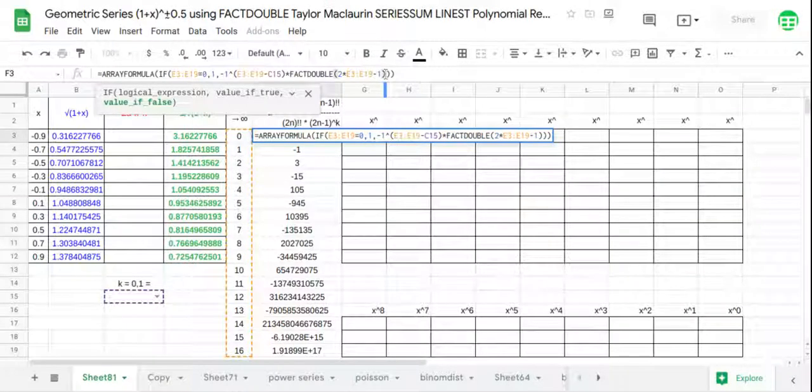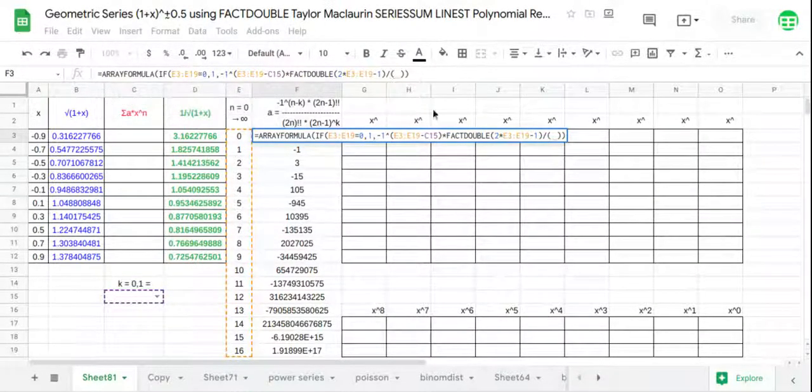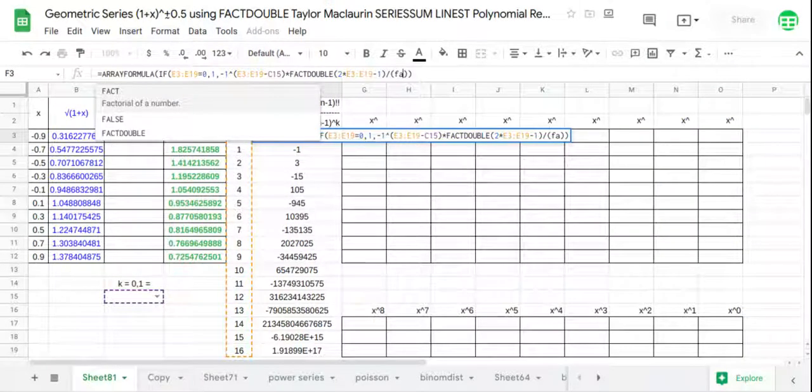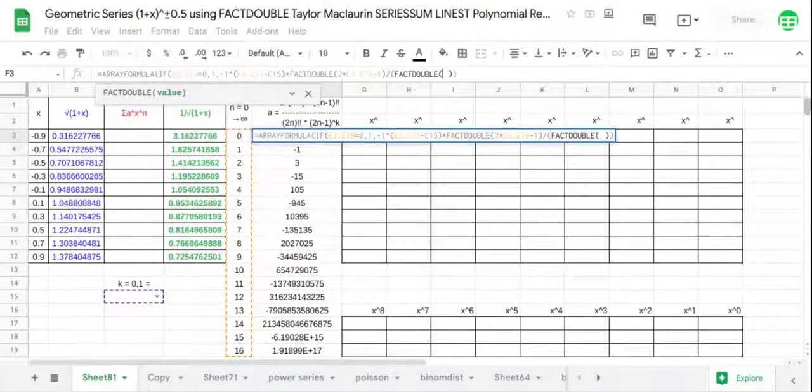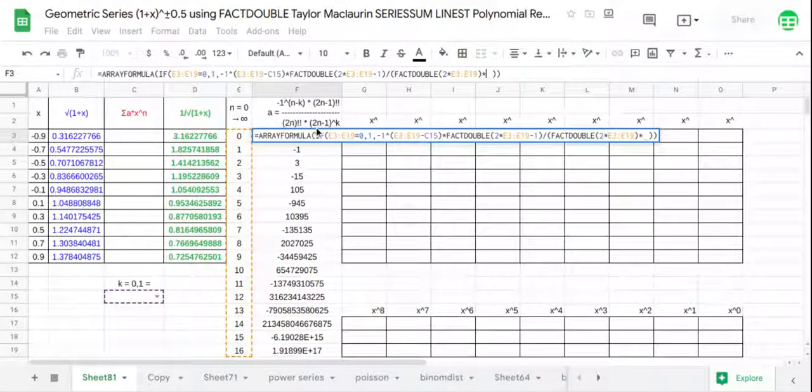So the denominator now has two parts. The first part of the denominator, double factorial 2n, 2 times n. That's the first part. Now the second part, the quantity 2n minus 1 raised to the power k.